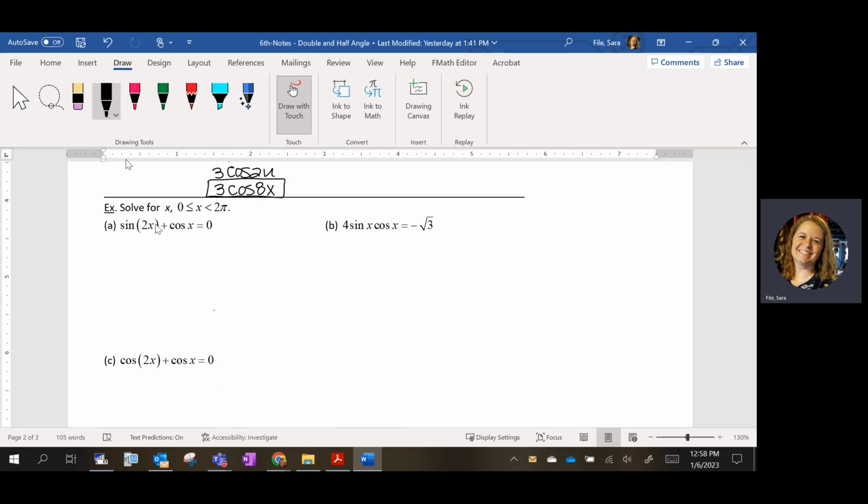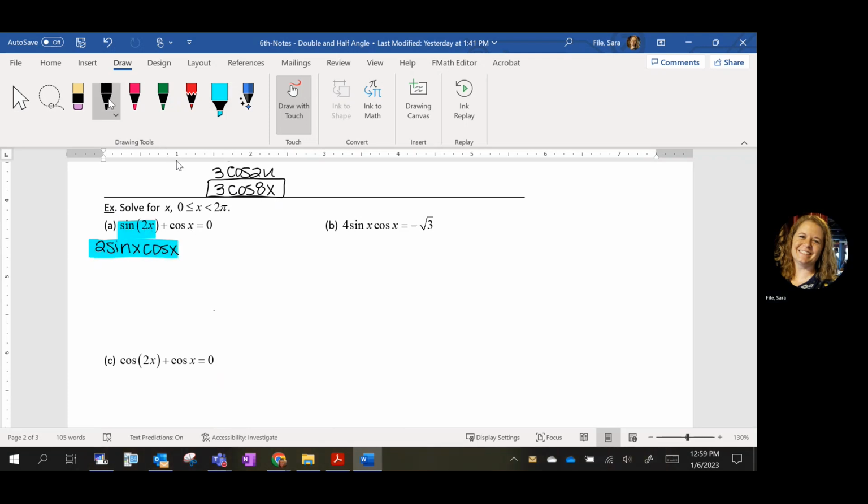Okay, so I see here sine of 2x. So I'm going to use its double angle identity, which becomes 2 sine x cosine x. This is the substitution I'm making. I'm replacing this with this. And I've still got the plus cosine x equal to 0. So then I see that I can factor. Hopefully you see that both terms have a greatest common factor of cosine of x.